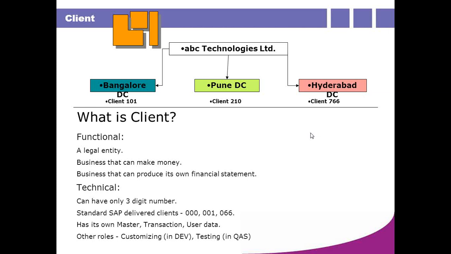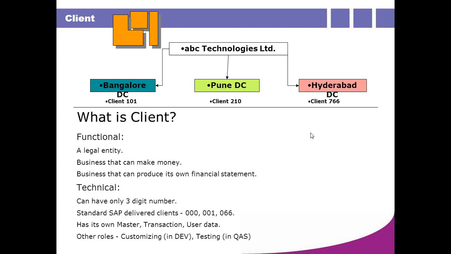I want to keep all the data in the single database physically, but I don't want to allow the Bangalore persons who are logging into the system to see or touch or modify the Pune and Hyderabad data. In the same way, Pune should not touch the Bangalore and Hyderabad data, and Hyderabad should not touch Bangalore and Pune data. How is that possible?